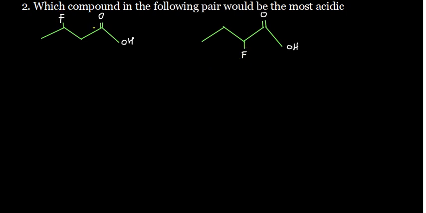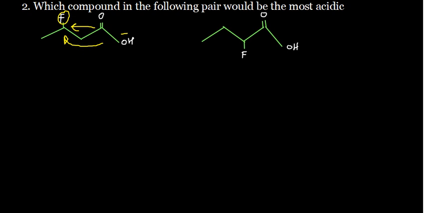Because when you increase the distance, since the negative charge is going to be formed on this oxygen when this proton is lost, by the inductive effect, for this negative charge to be attracted and shared with the fluorine at this end, the distance is so high that there's going to be a weak sharing of that charge.